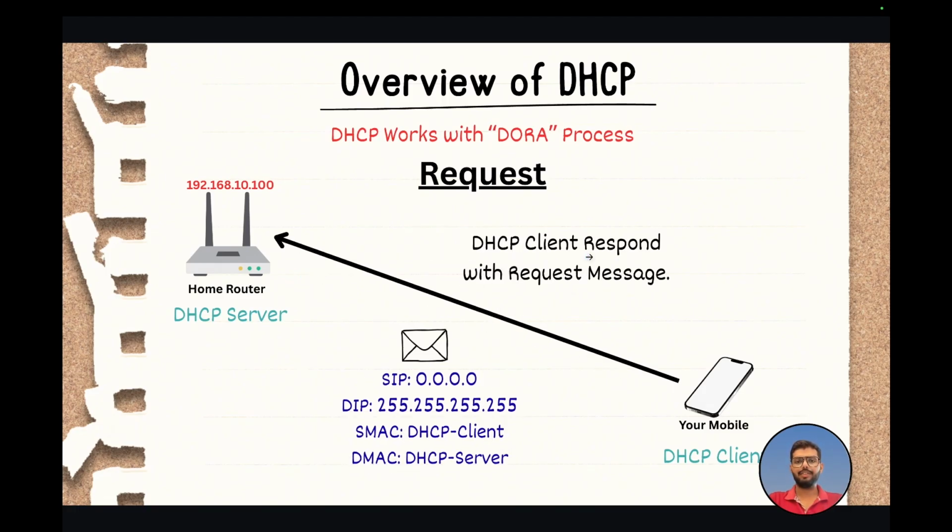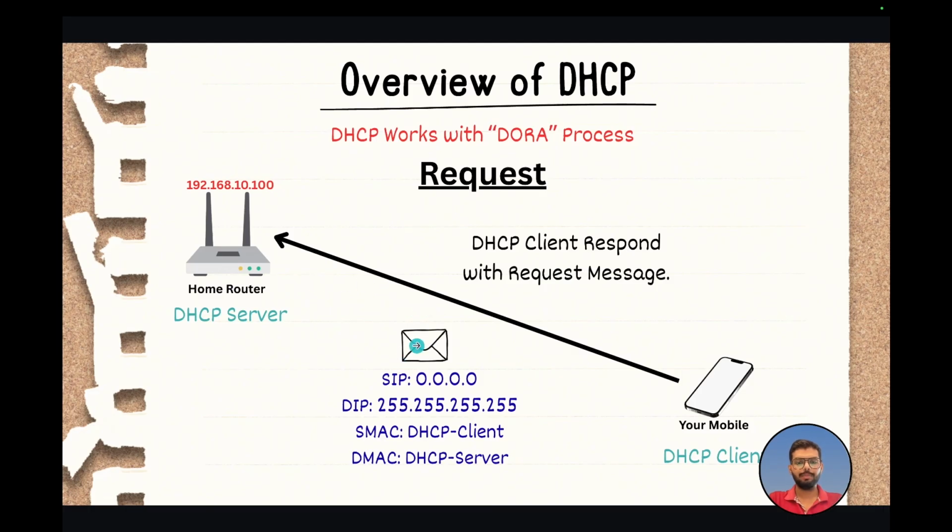The next phase is called the request phase. In this phase, the DHCP client will respond with a request message saying that I will use this IP, and your mobile needs an acknowledgement. Your mobile's DHCP client will send a request to acquire the IP address which was offered by the DHCP server, in this case your home router.